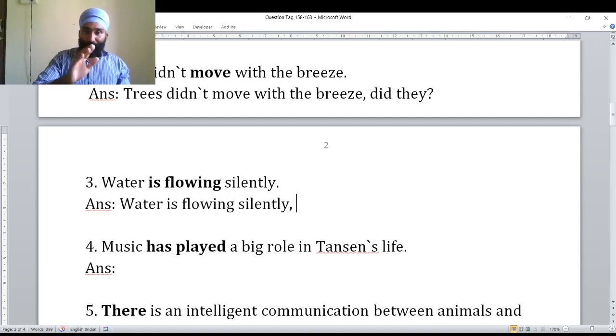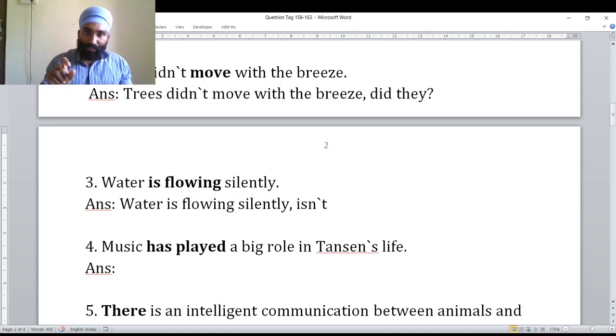Now the helping verb is already given in the continuous tense: is, am, are, was, were. These helping verbs are already present in the continuous tenses. So we can easily identify is, and the sentence is positive. This is why isn't.